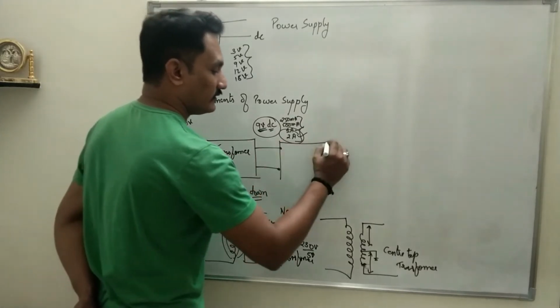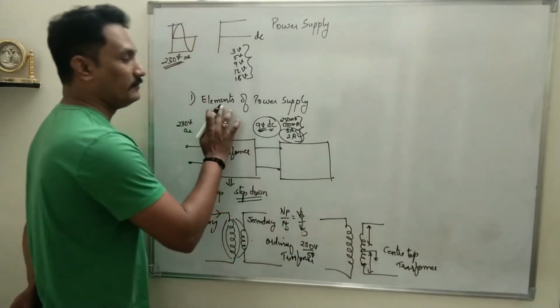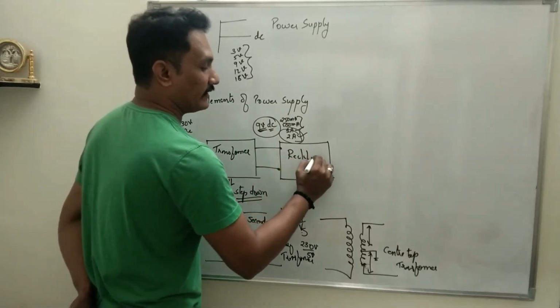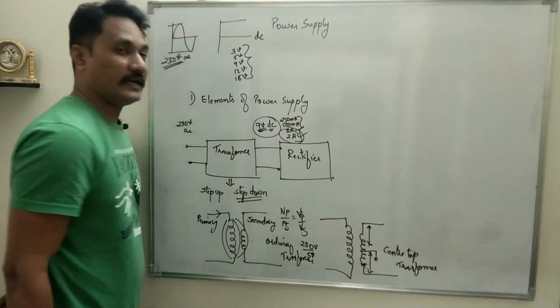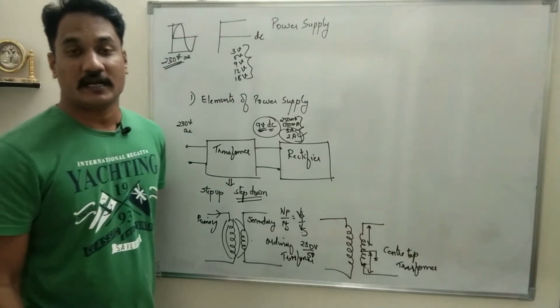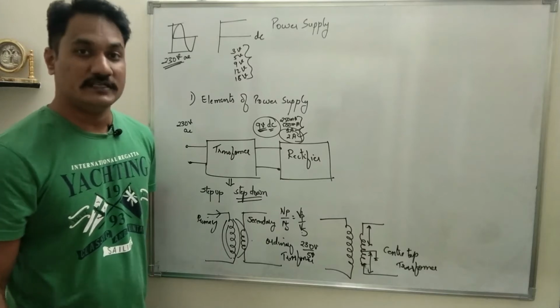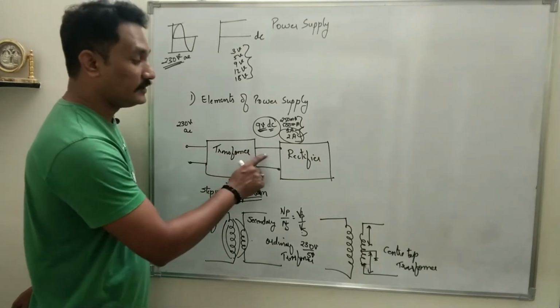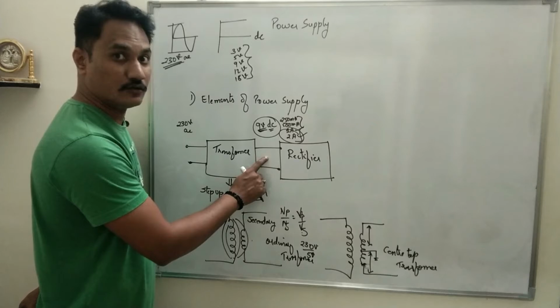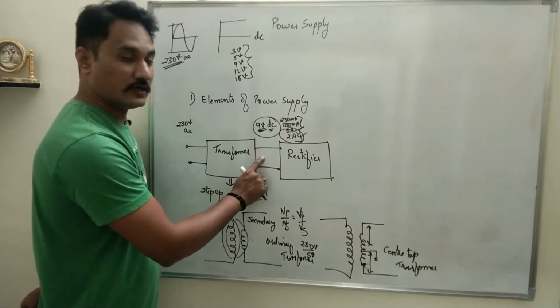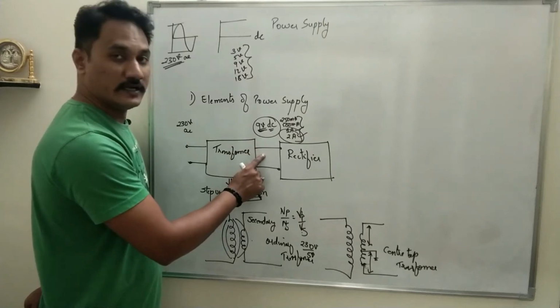Next, the next block or element of the power supply is the rectifier. When I taught you the digital multimeter, I told you there was a block called a rectifier which converts AC into DC. A transformer doesn't convert AC into DC. It converts high AC voltage into low AC voltage, or high AC current into low AC current.